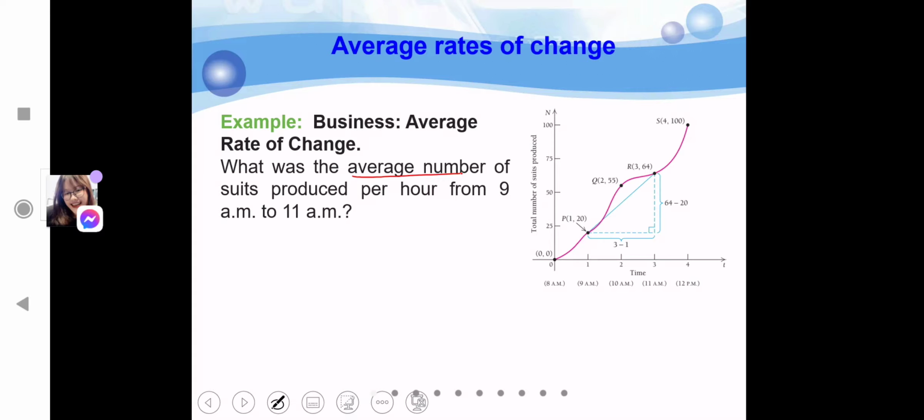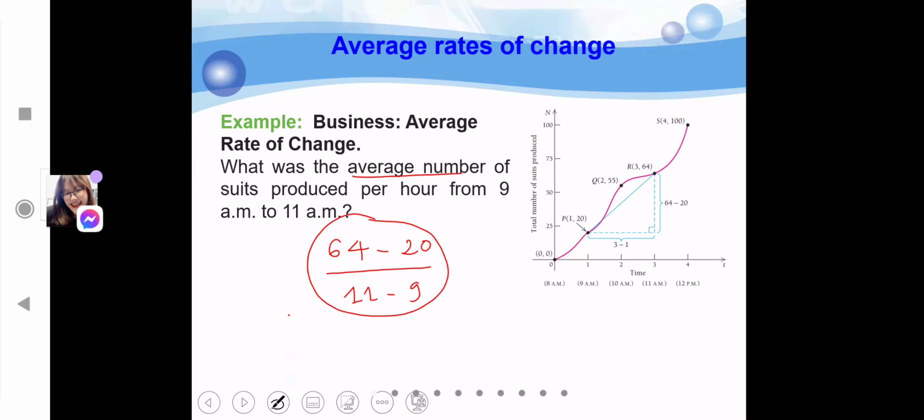That means 64 minus 20 over 11 minus 9. Okay, we obtain this. This fraction is called the average number of sweets produced.